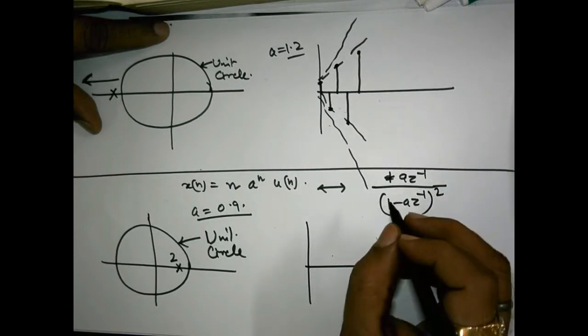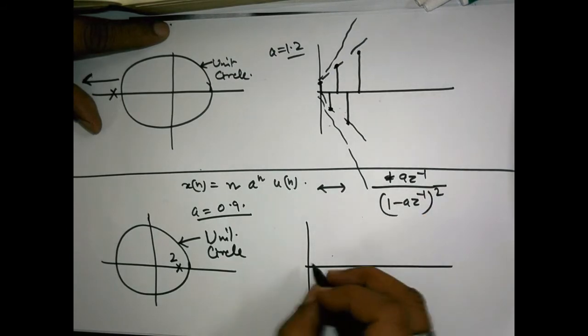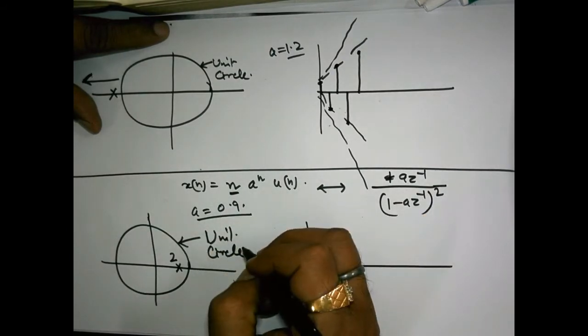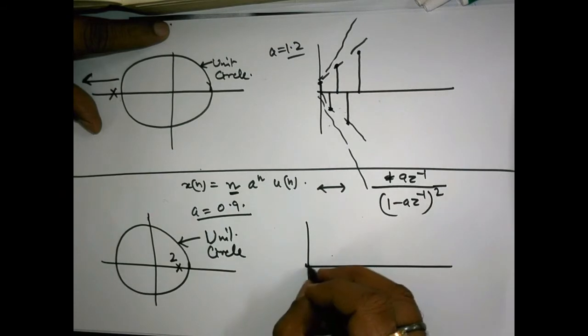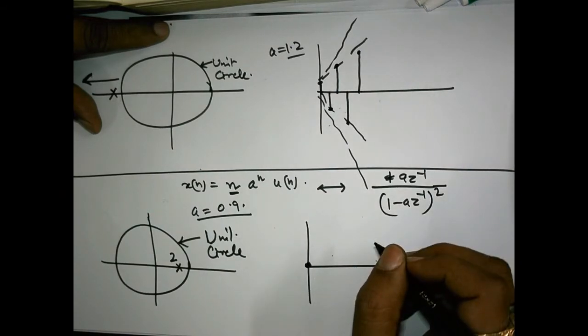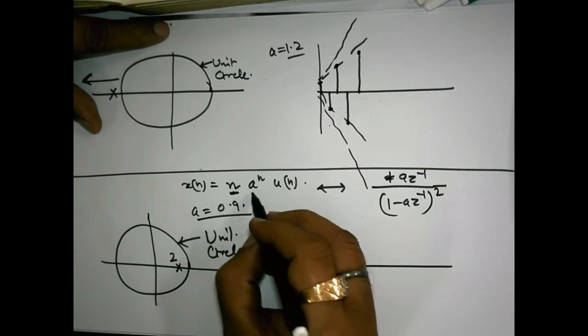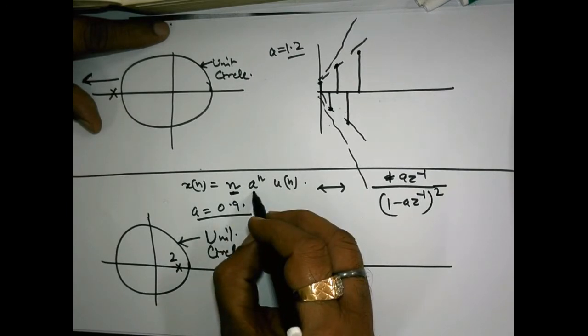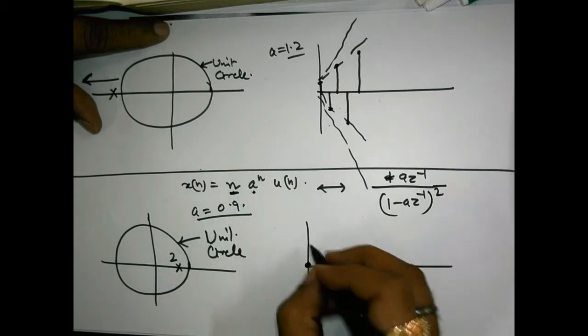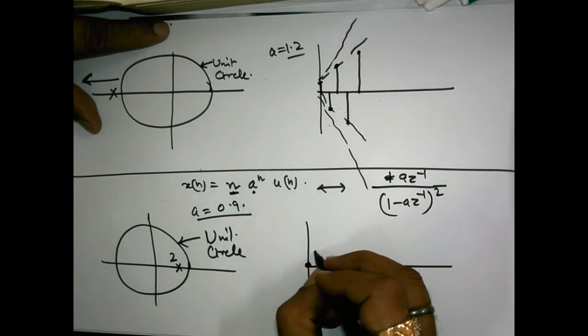The very first sample, n equal to 0, will be 0. The second sample, n equal to 1, is 0.9 to the power 1, which is 0.9.